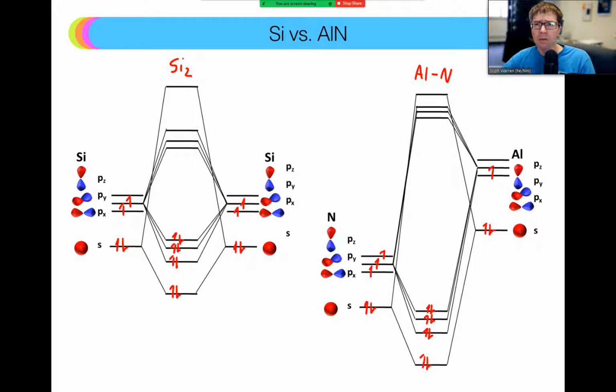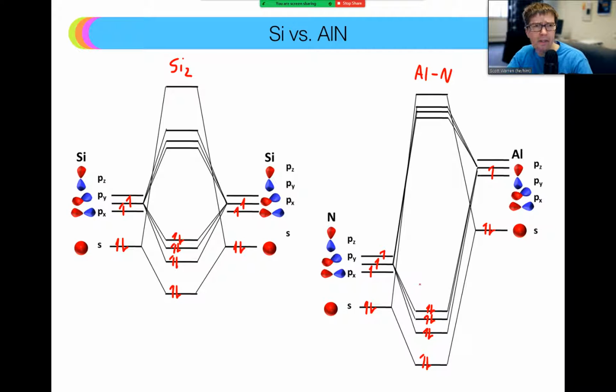Okay, so silicon and aluminum nitride in some ways look very similar, but there's one important difference. And that important difference is that the aluminum is more electropositive than silicon, and nitrogen is more electronegative than silicon. So that shifts those two orbitals, aluminum higher in energy, less stable, nitrogen lower in energy, more stable.